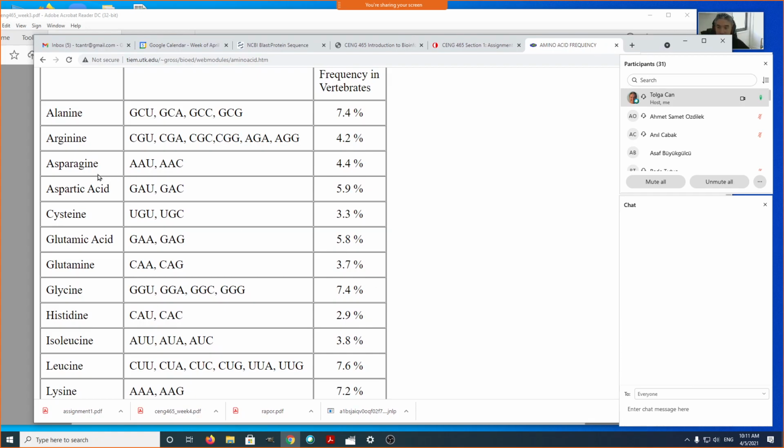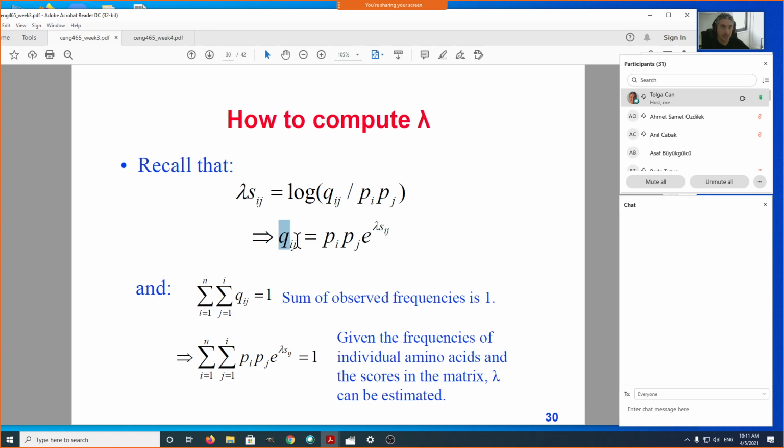But what is the occurrence of, for example, asparagine and aspartic acid together in alignments? How do we compute or approximate that Qij? We need to look at lots of manual alignments and see in how many of them those two amino acids appear together compared to all possible pairings. This is difficult to compute, and in their 1978 paper, this is what Dayhoff et al. did.